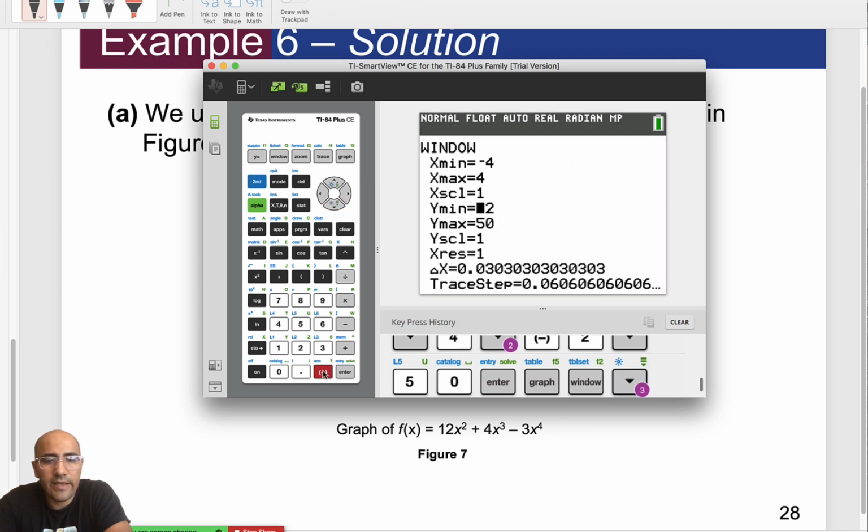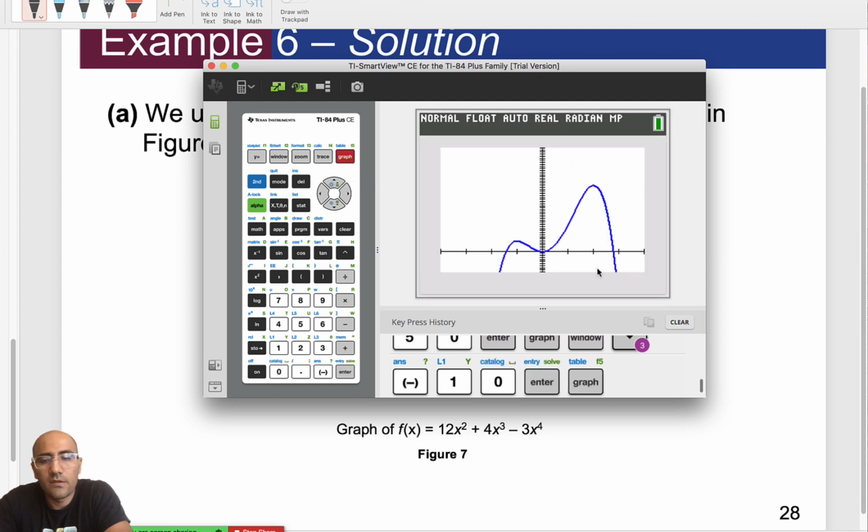How about negative 10? Good. Now from my picture, I can tell that this guy up here is what I'm interested in for the purposes of finding the range. I don't necessarily need that one for the range. It might be useful for other reasons, but not for finding the range. That's the maximum value there.